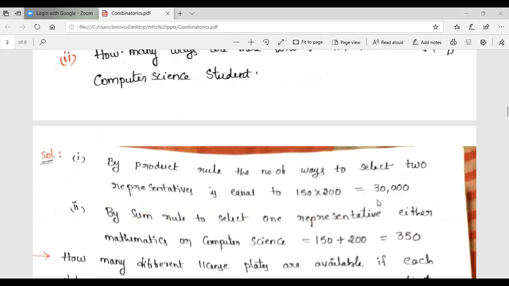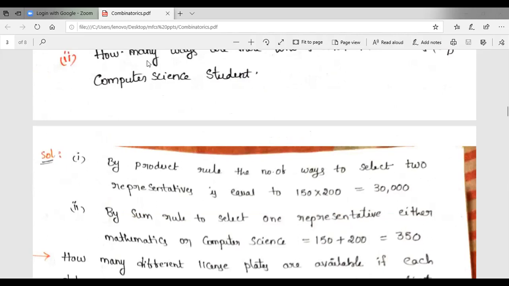By the product rule, the number of ways to select two representatives is the total number of mathematics students into the total number of computer science students: 150 into 200, that is equal to 30,000 ways to pick one mathematics student and one computer science student.